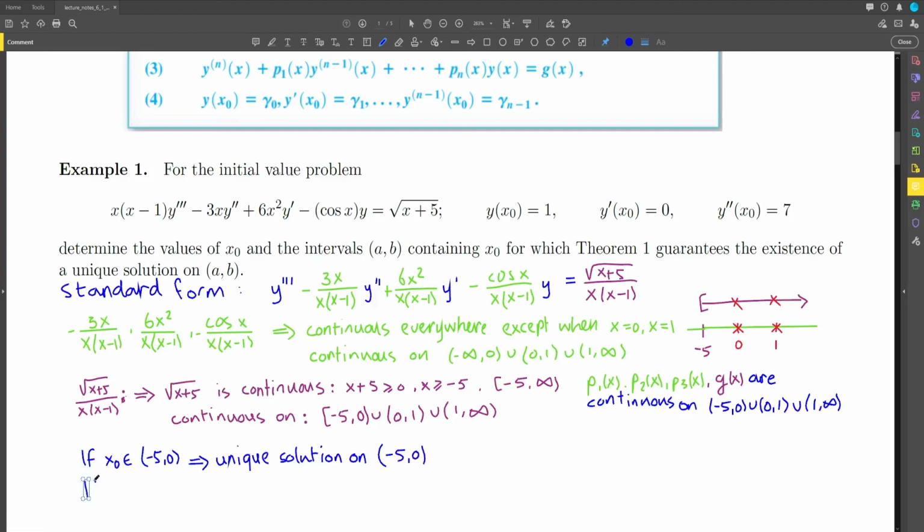Now, if x naught is in the interval from 0 to 1, then there is a unique solution on 0 to 1. And then finally, if x naught from the initial condition is in the interval 1 to infinity, then there is a unique solution on the interval 1 to infinity.